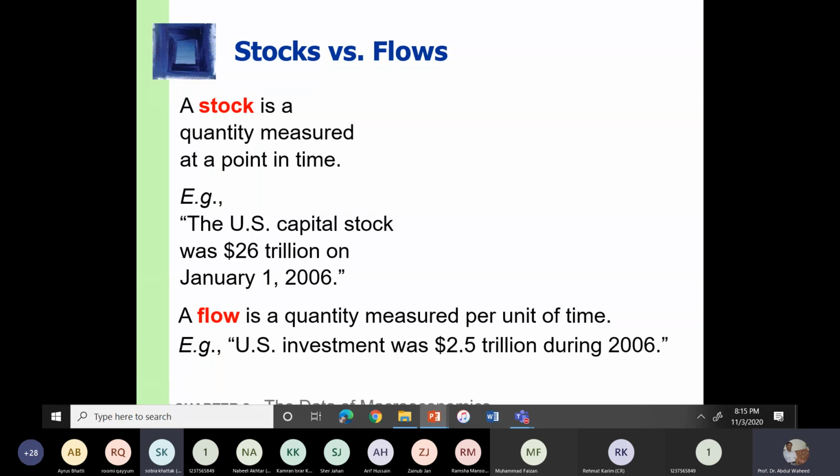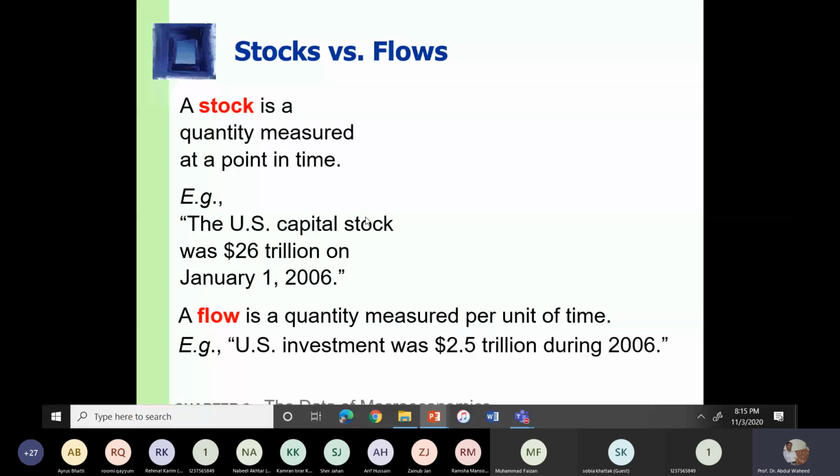Sir, I think 26 trillion is stock and 2.5 trillion is flow. Yes, 2.5 trillion is flow. So in this case, investment variable is a flow and capital variable is a stock.